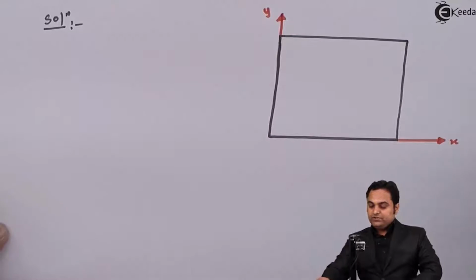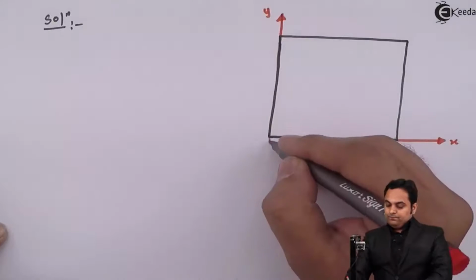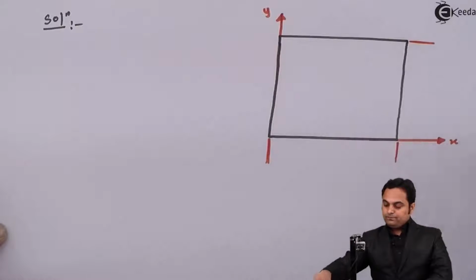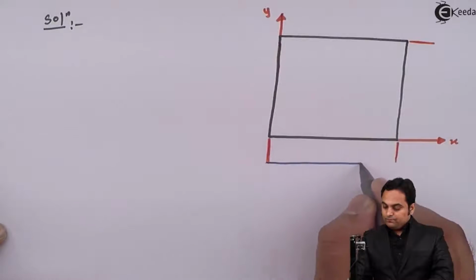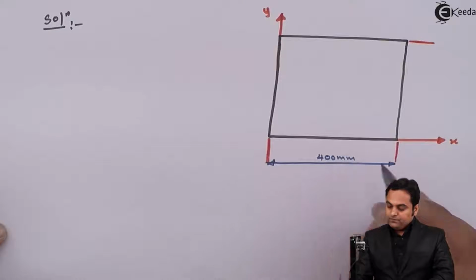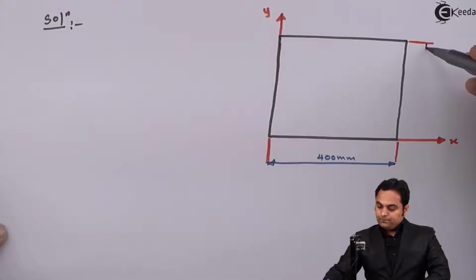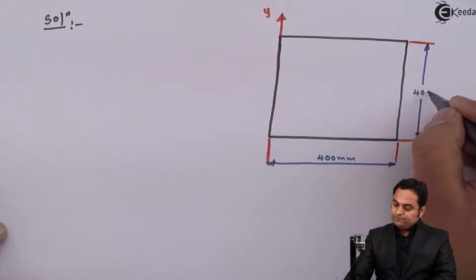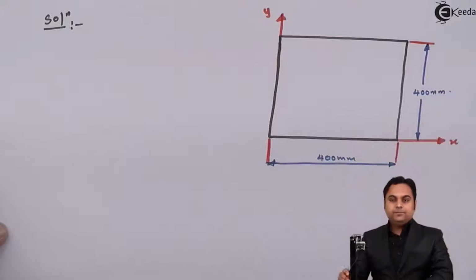This is the square section, the dimensions are given. 400 mm is the width, 400 mm is the depth.